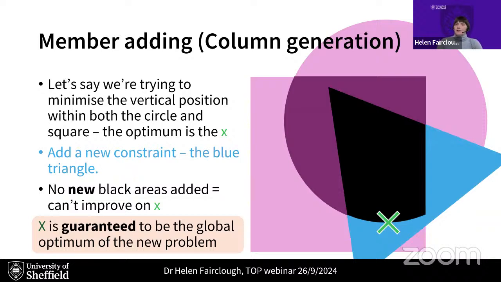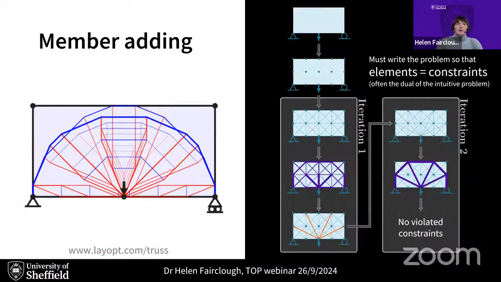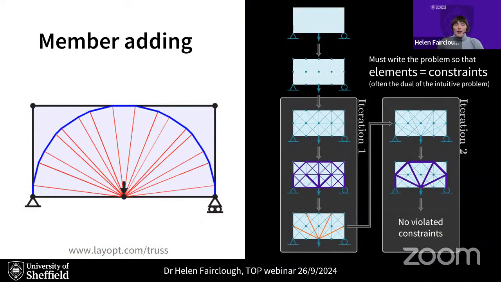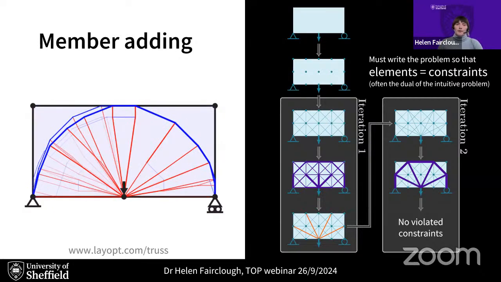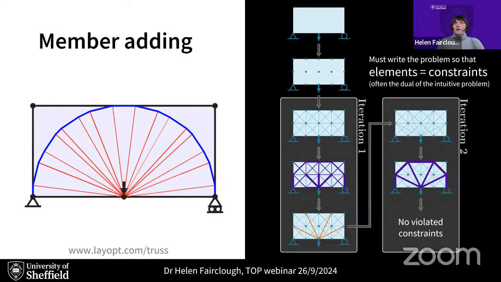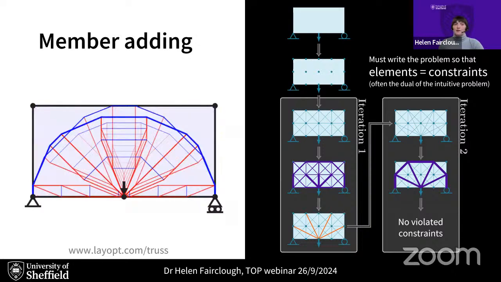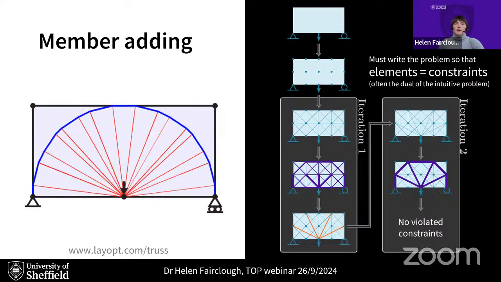And that's essentially the idea behind member adding: we're adding our extra constraints, but we know we don't need to add them all, because adding more constraints can't improve the problem. So the only trick with this is that you need to write your problem so that each element or each member is represented by a constraint.